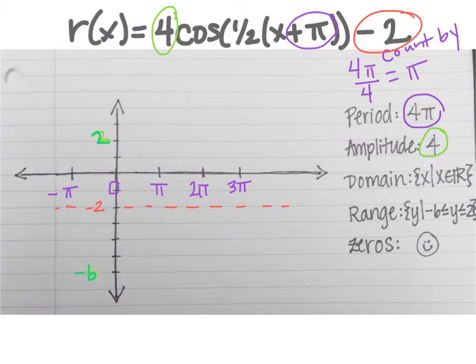So I know my graph will be bounded at positive 2 and negative 6 in the y direction, and it's going to start at negative pi in the x direction and end at 3 pi. So we're going to fit one period of a cosine curve into that space.